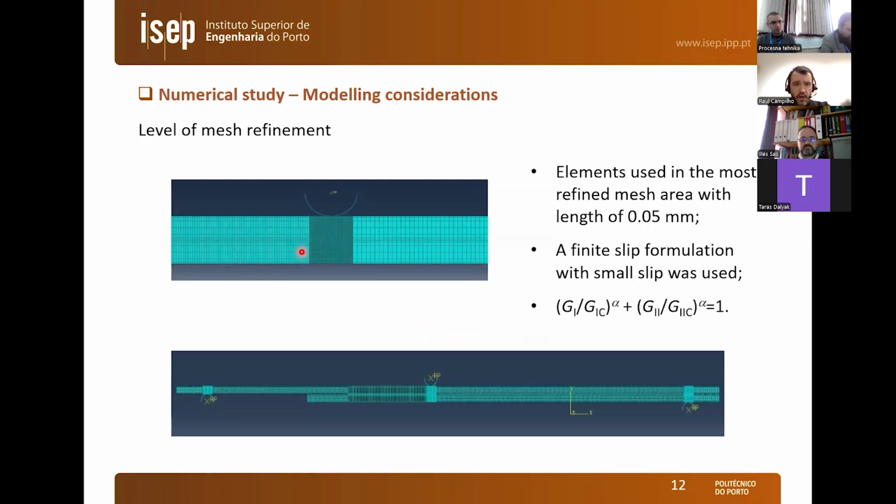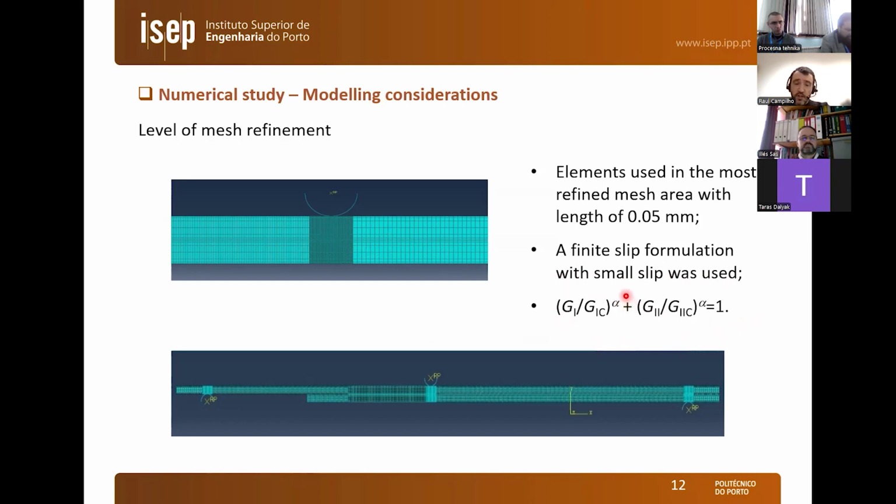Going to the numerical part, we carried out the analysis in the Abaqus software. We consider the adherends as elastic orthotropic, as I said before, and we model the adhesive layer by a triangular shape or a bilinear cohesive zone model. We consider the power law that I showed in the previous slide for crack propagation.